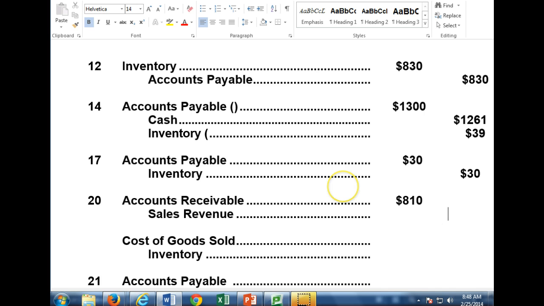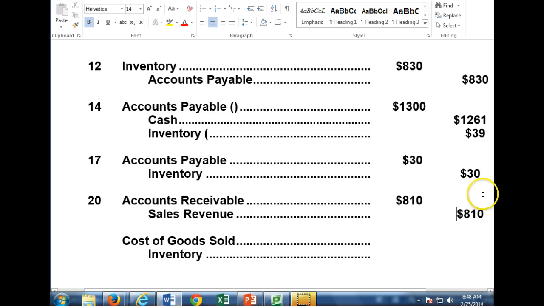And what was the cost of that merchandise? $550?